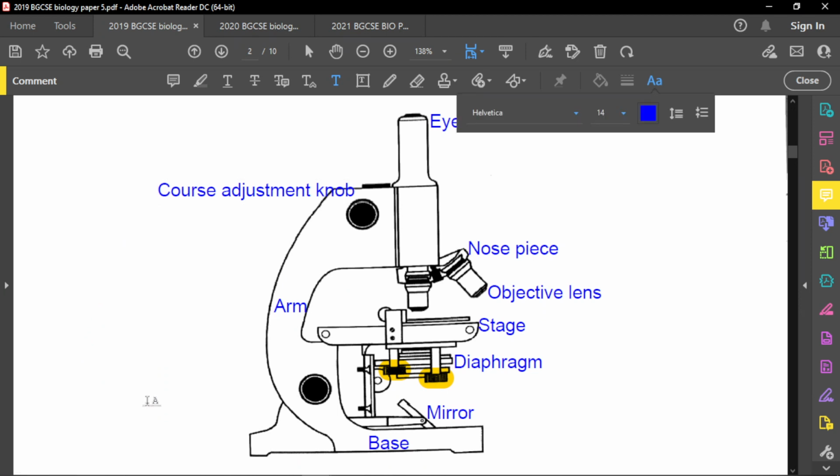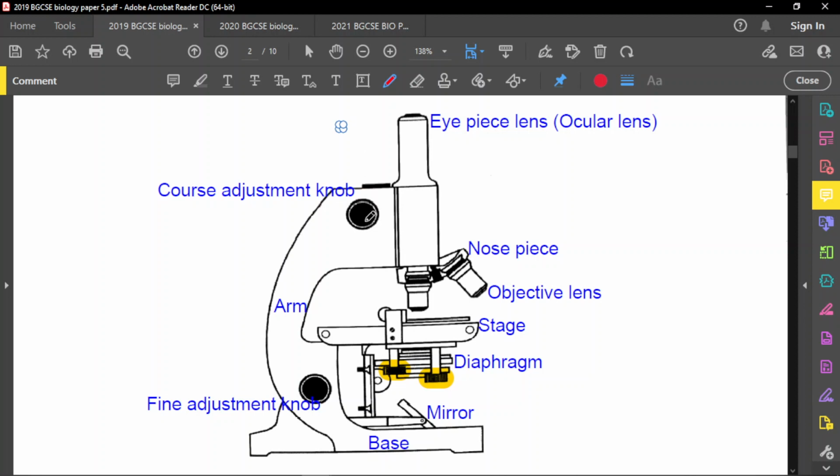So those are the 2 knobs to adjust the focus of the different lens.